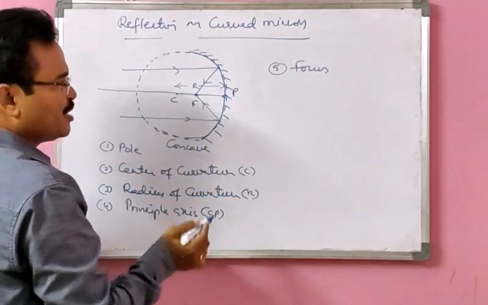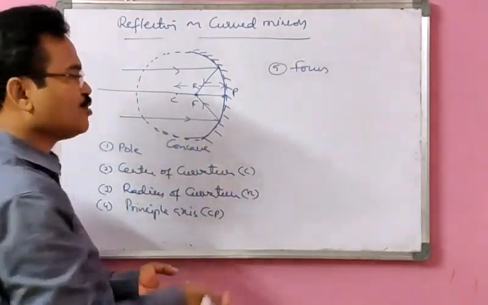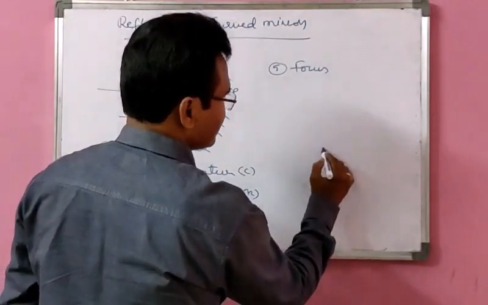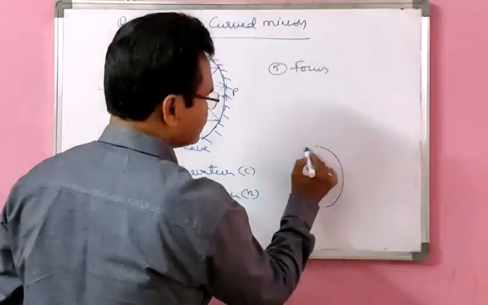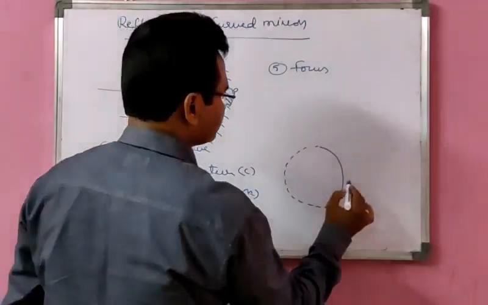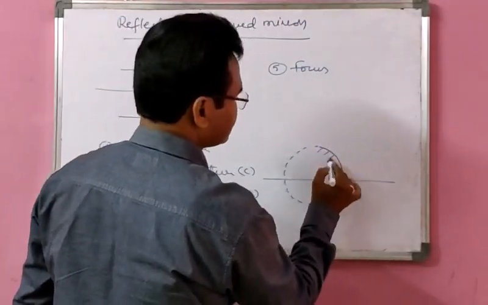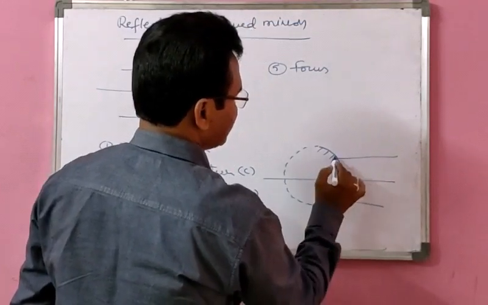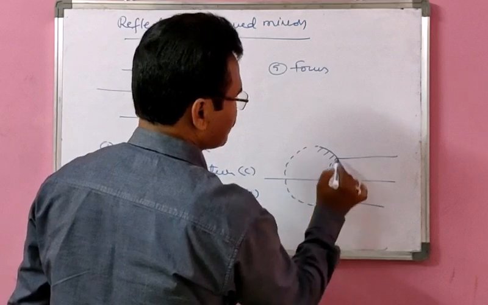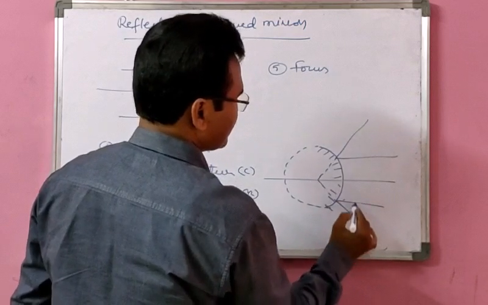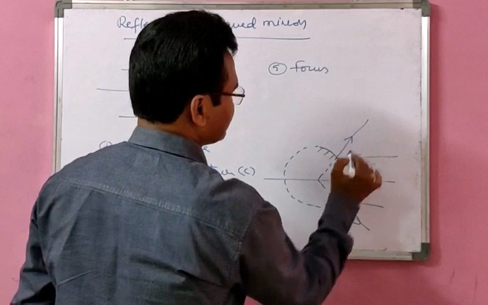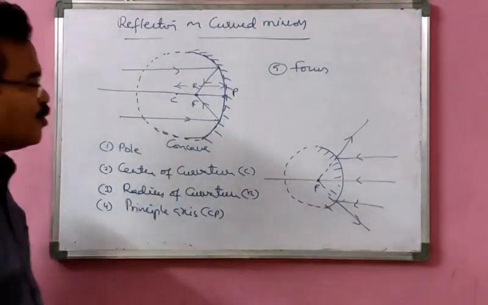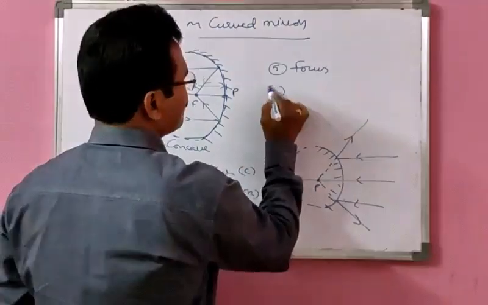Whereas in the case of a convex mirror, the rays appear to diverge from a point. The rays come and reflect like this, but they appear to come from this point, and that point is called the focus here. Sixth one, focal length.